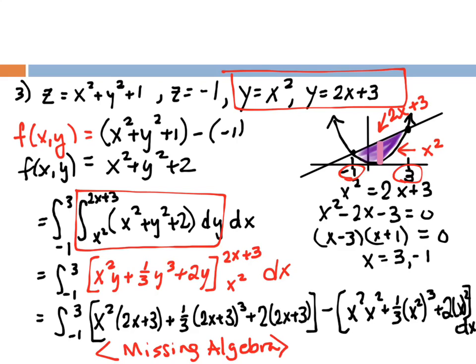And your book's calling that width. I don't mean to confuse that issue, but that's with respect to y. Those limits are with respect to y. And it might be helpful also when you're writing it to write down that this right here says y equals 2x plus 3. And this is y equals x squared. So these are functions with respect to y that we're calculating.